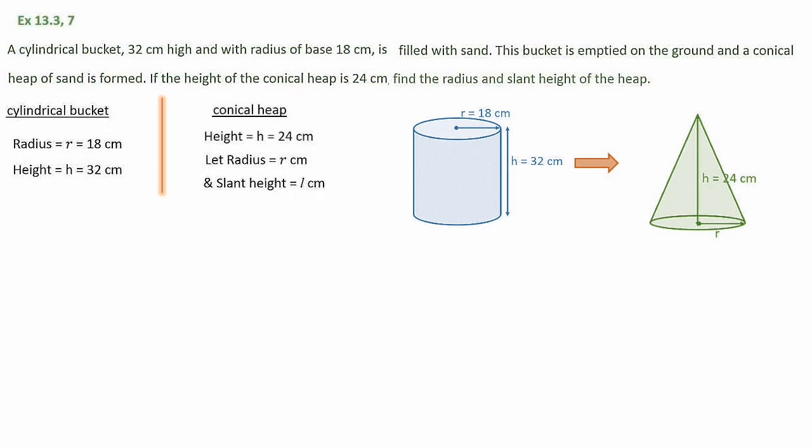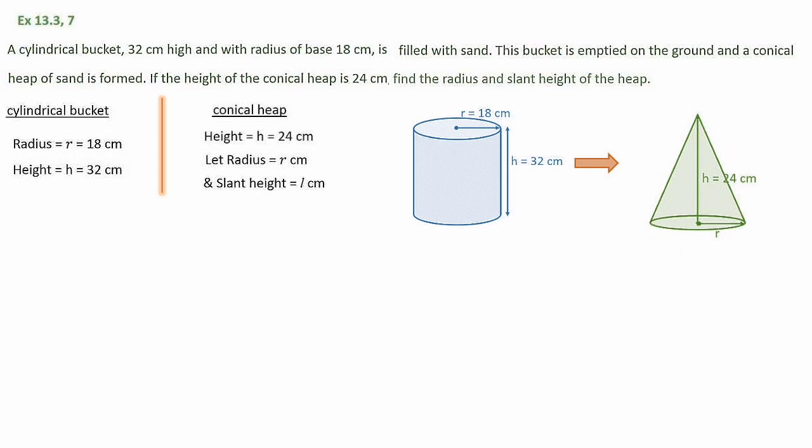The sand inside this cylindrical bucket is what we are using to form the conical heap. Before, the sand was in cylindrical shape inside the bucket, and that same sand we use to form a conical heap.